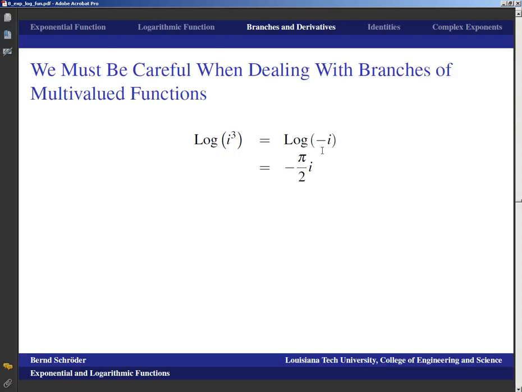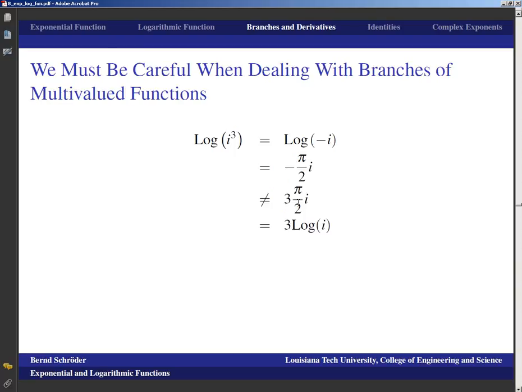And negative i is e to the negative pi halves i, so that is negative pi halves i as a logarithm, but at the same time, of course, negative pi halves i is not equal to 3 pi halves i. Here's where we have to be careful, because these outputs of the logarithm are actually numbers. They're not angles anymore, and since they're not angles anymore, they're not equal to each other.